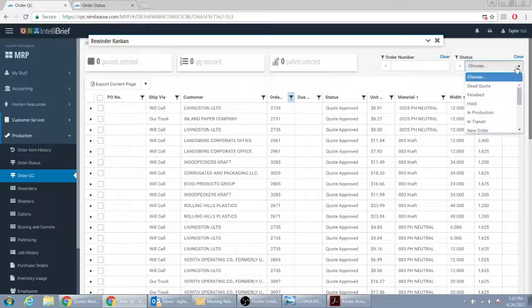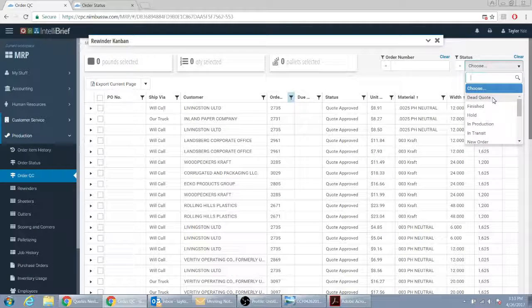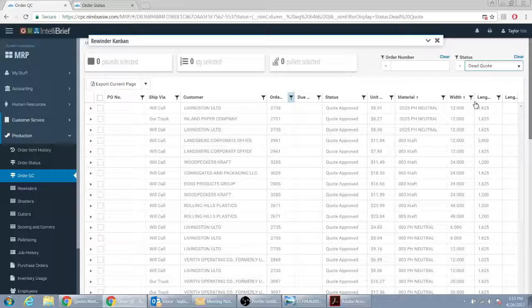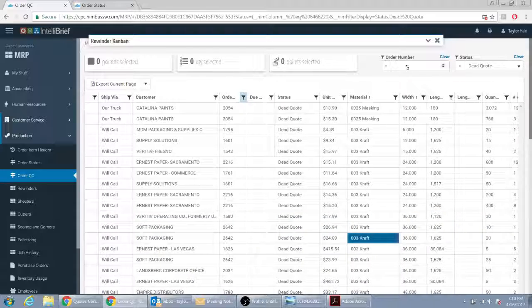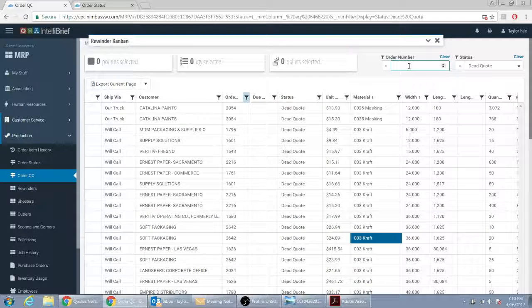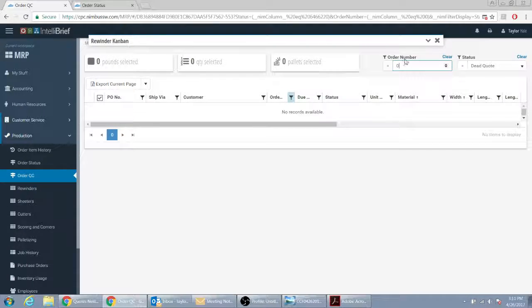I would go up here in the status and hit racks, and all my rack locations would come up. I could sort by, maybe I would hit here and sort by 0. I know this is order number, I'm just saying this would be number of units per rack or per bin location. I put 0, and it gives me all of my rack locations that have nothing in them.